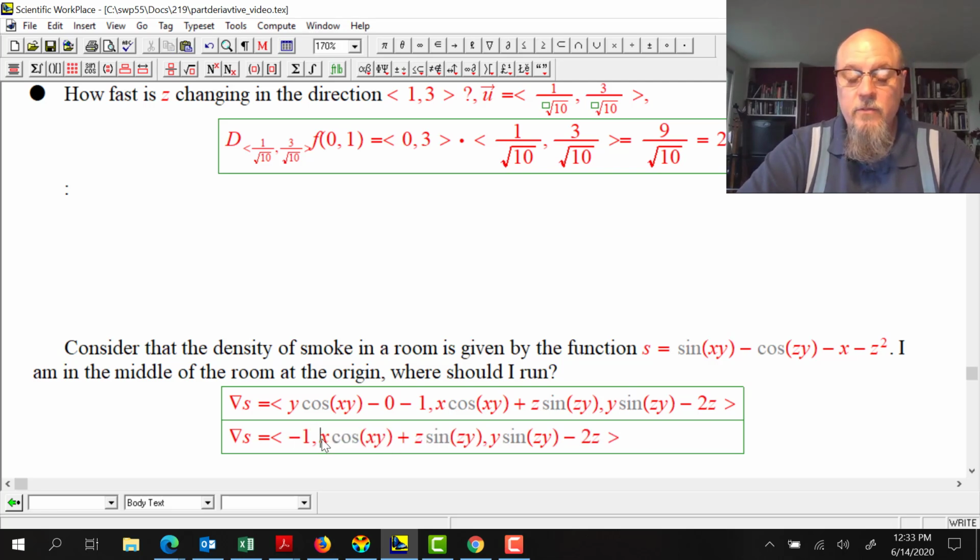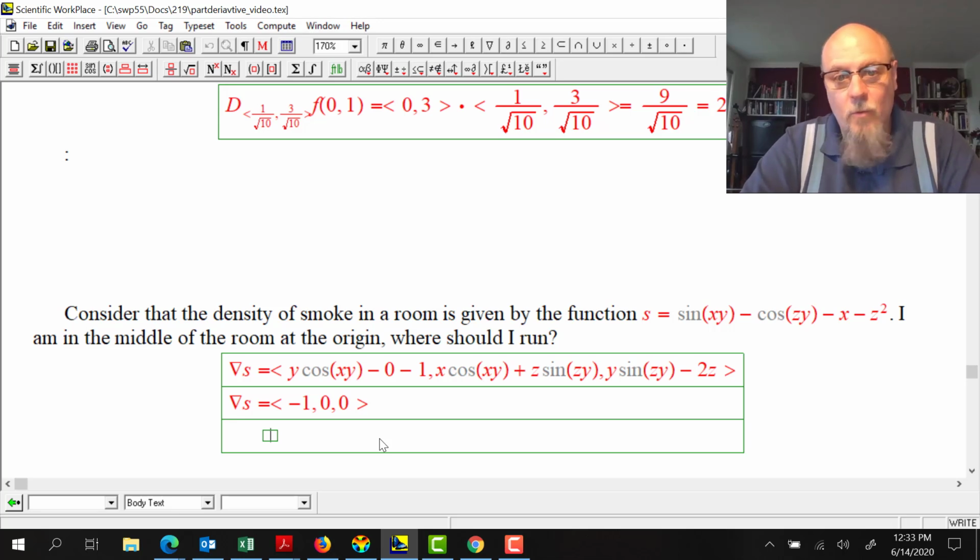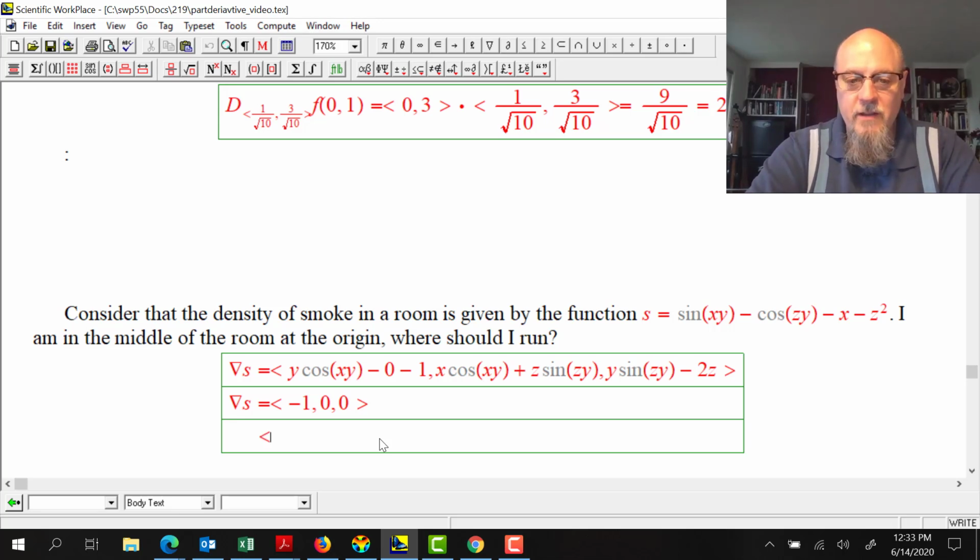When I make x equal to 0 and z equals 0, this whole thing disappears. And likewise, oh, okay, it simplifies down nicely. So this is the direction, minus 1, 0, 0. That's the direction of greatest increase. So I want to go the other way. I want to go the direction of greatest decrease, so negative the gradient.